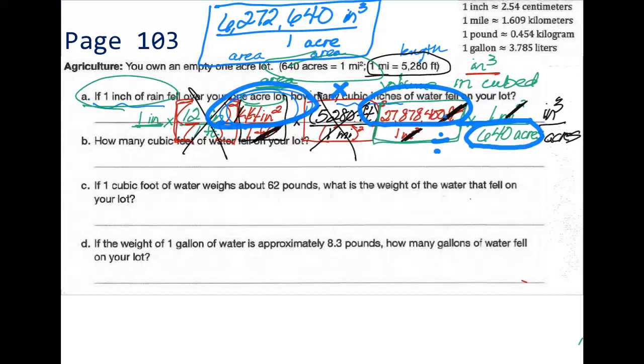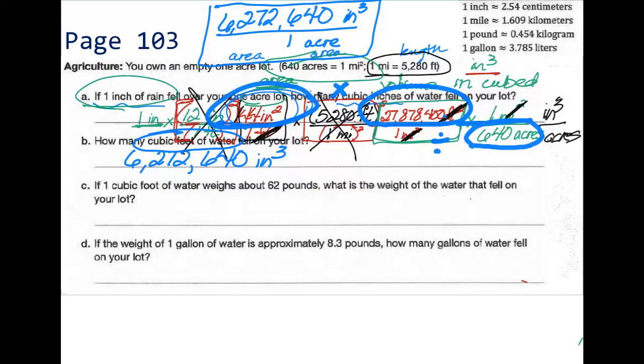Okay. Letter B says, how many cubic feet of water? Cubic feet. So this is cubic inches. So we start with that amount, which is, again, 6,272,640 inches cubed, and they want cubic feet. Okay?